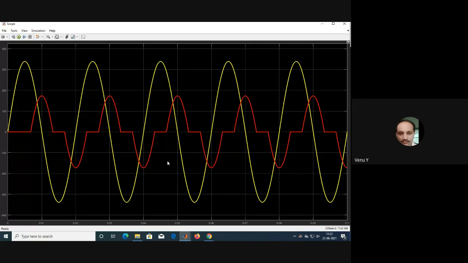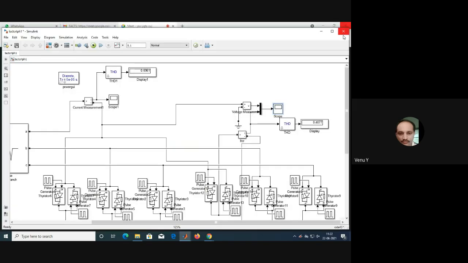This is the yellow and red. Yellow is the voltage waveform, red is the current waveform of TCR. Even though it is 3-phase, in all 3 phases you will get similar kinds of waveforms of TCR. Then the THD is 48.7.